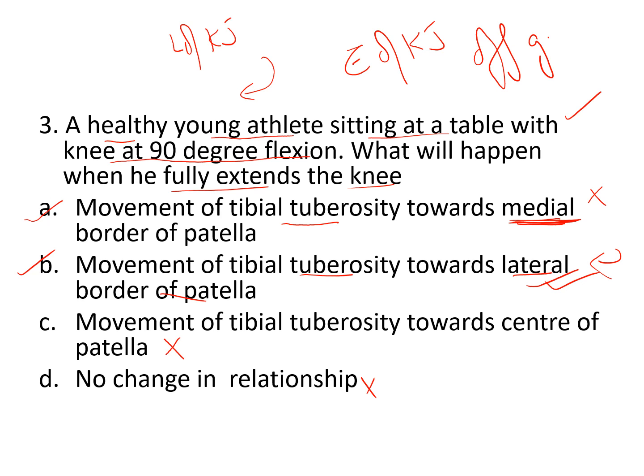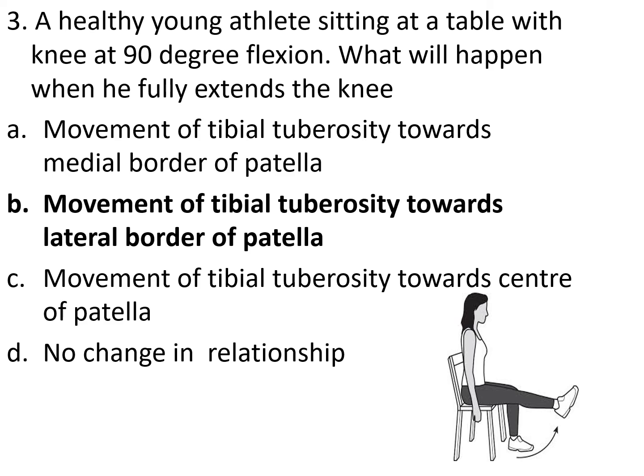The answer will be movement of tibial tuberosity towards the lateral side of the patella. So you can imagine a young athlete sitting on the table and trying to extend the knee joint. The foot is off the ground. So locking means the lateral rotation of tibia over the fixed femur. So your answer is this one.